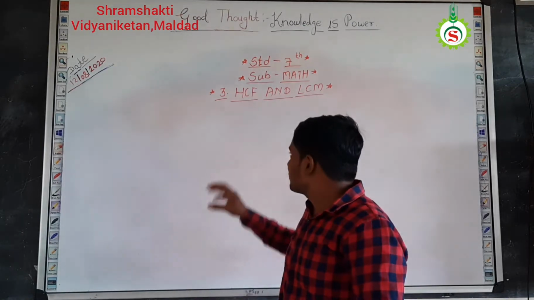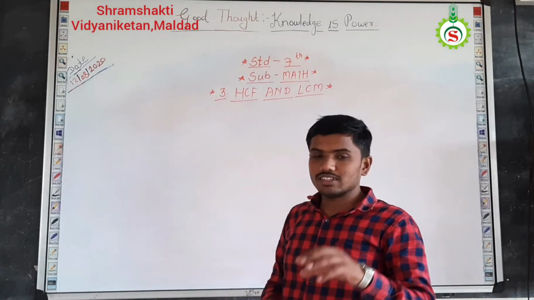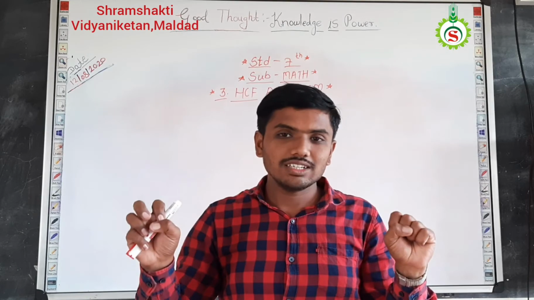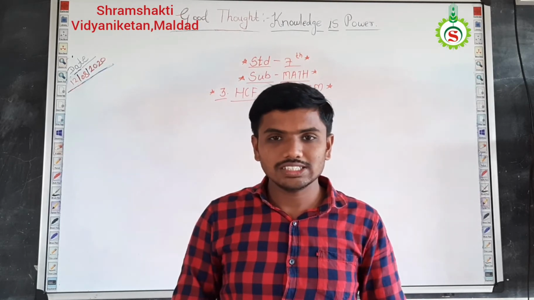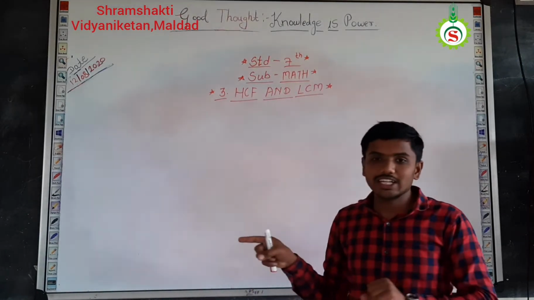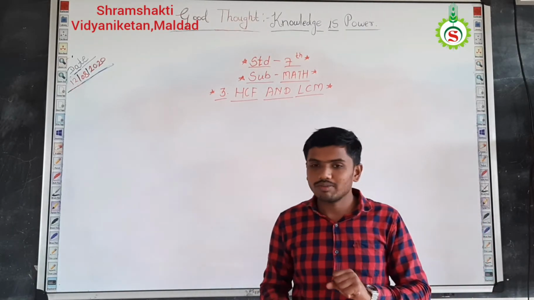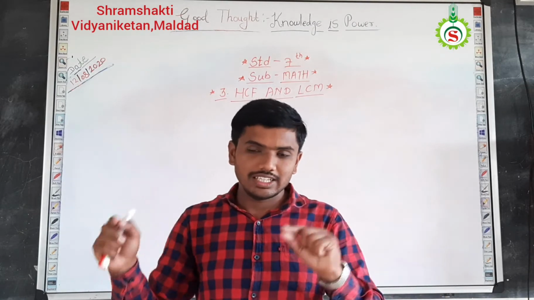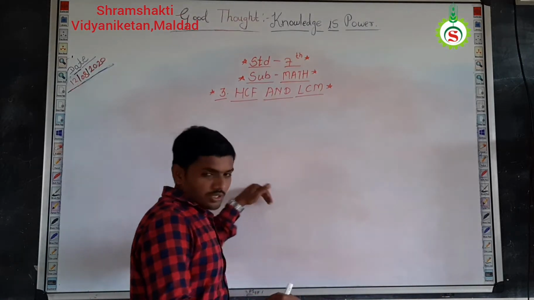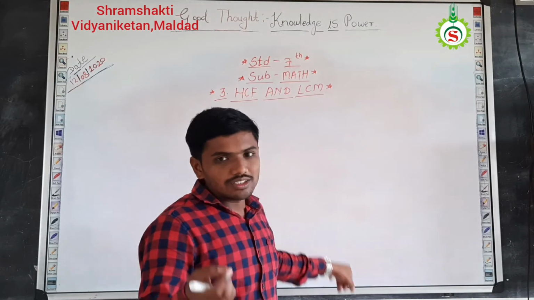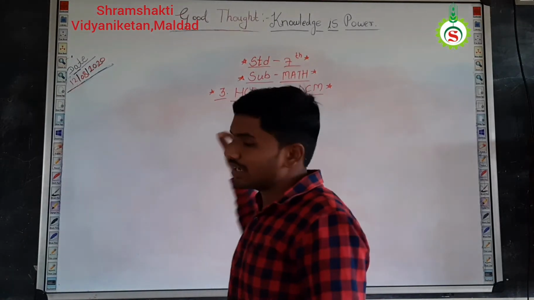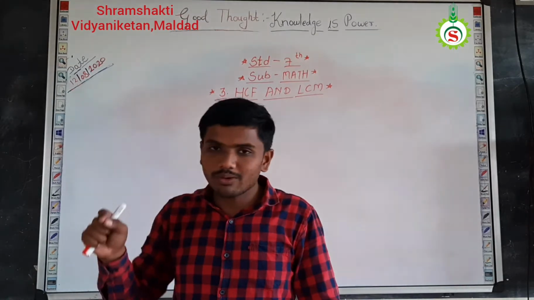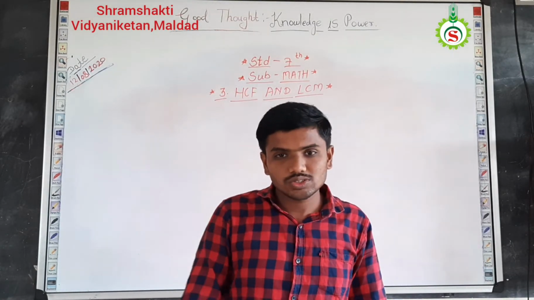That means up to the last lecture we have taken the brief idea about how to find out HCF, which are the methods to find the HCF, also how to find the LCM, which are the methods for finding the LCM, and what is the difference between HCF and LCM. So in today's lecture, I will also give the brief idea about the HCF and LCM, and the last practice set, that is practice set 14, we are going to solve.